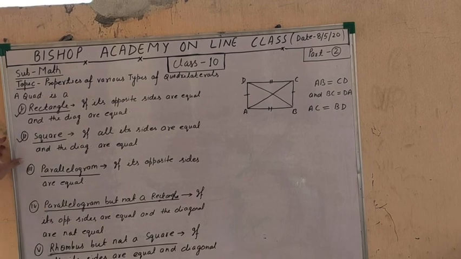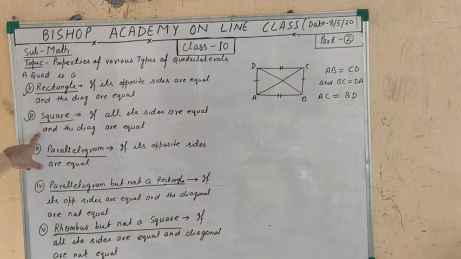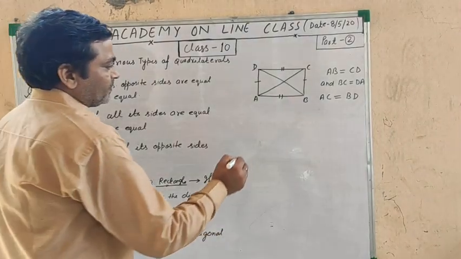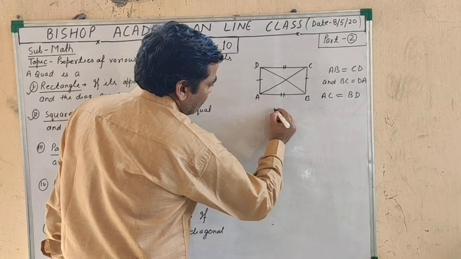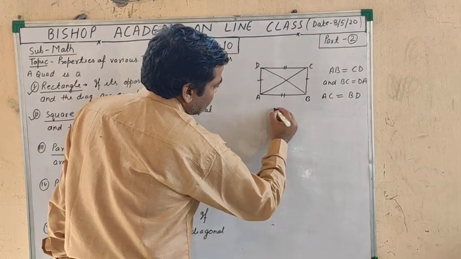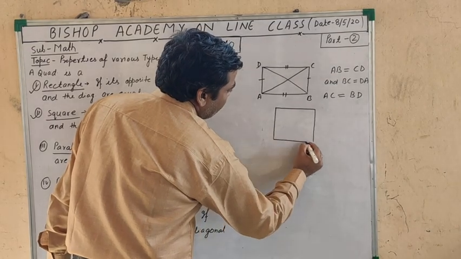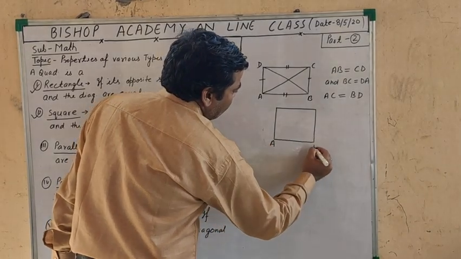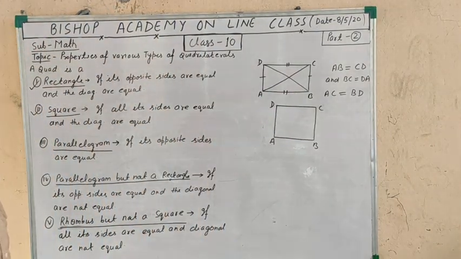Second, a square, if all its sides are equal and the diagonals are equal. ABCD is a quadrilateral.